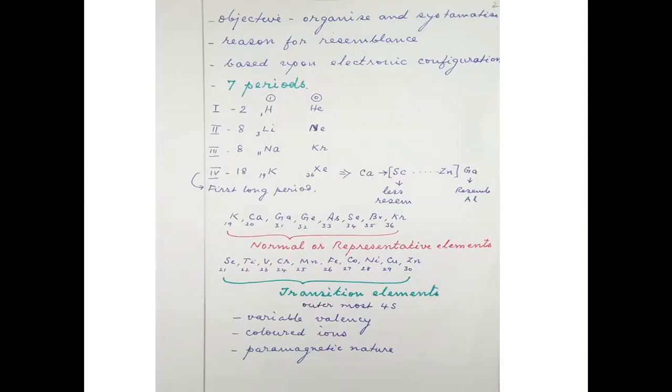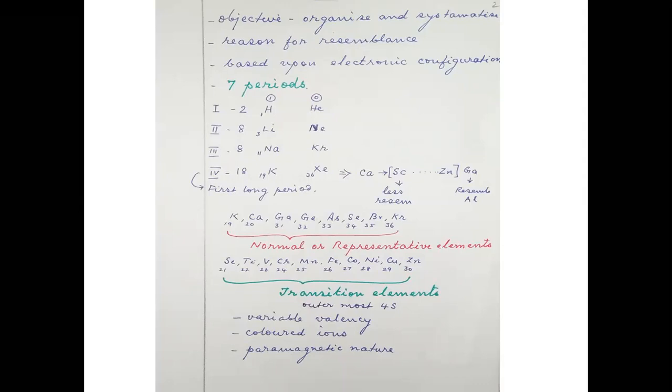Therefore, they form paramagnetic compounds, whereas this is not observed in all other elements. Therefore, the transition elements have very peculiar properties, like variable valencies, formation of colored ions, and also their paramagnetic nature. So they come in between the s and the p block. That is why they are called transition elements.